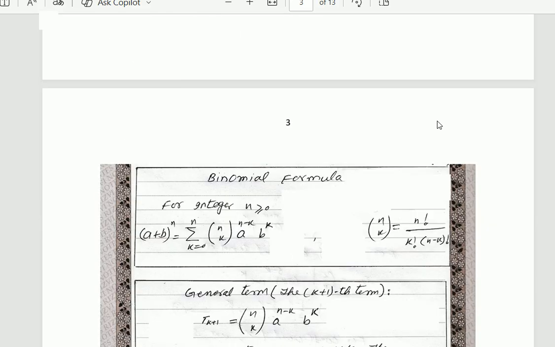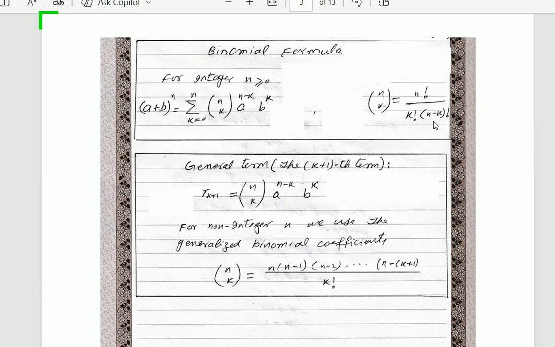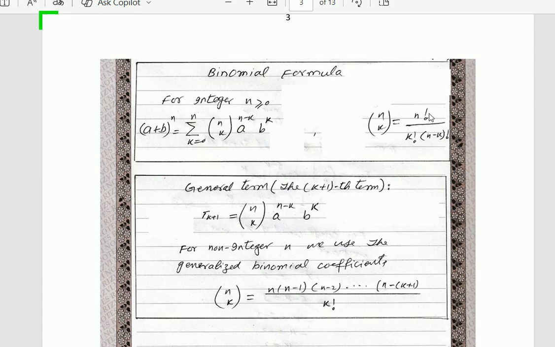First of all, I shall explain some basic formulas used in the binomial expansion. The binomial formula is (a plus b) whole raised to the power n equals the summation from k equals 0 to n of nCk a raised to the power n minus k b raised to the power k, where nCk is n factorial over k factorial times (n minus k) factorial.